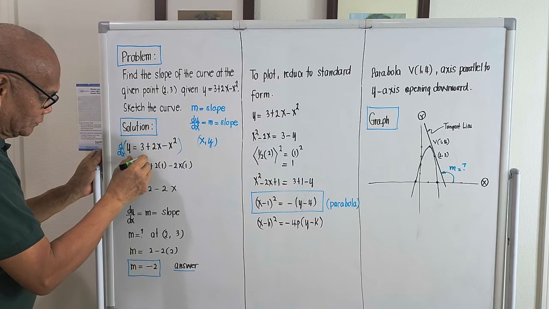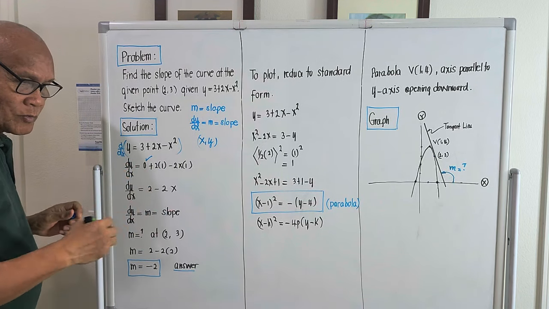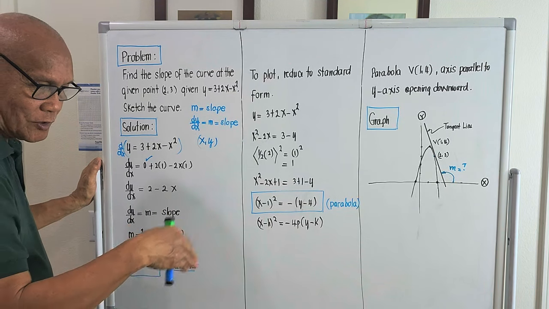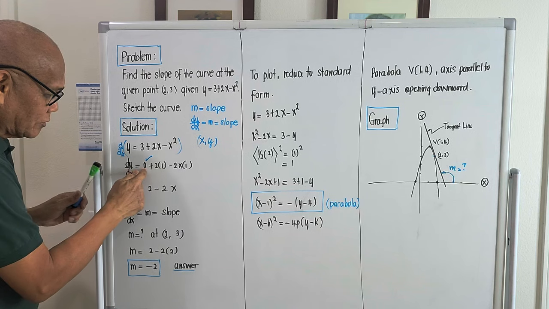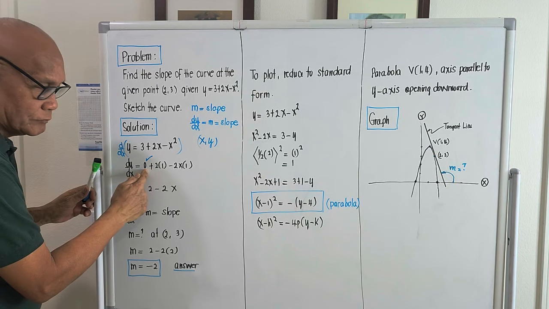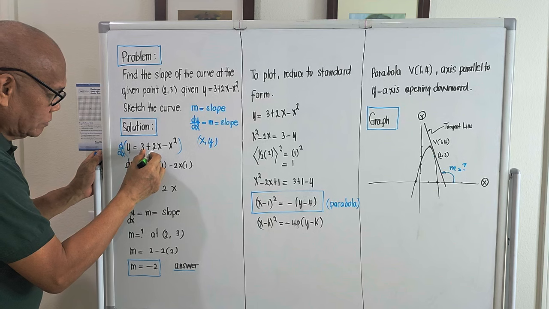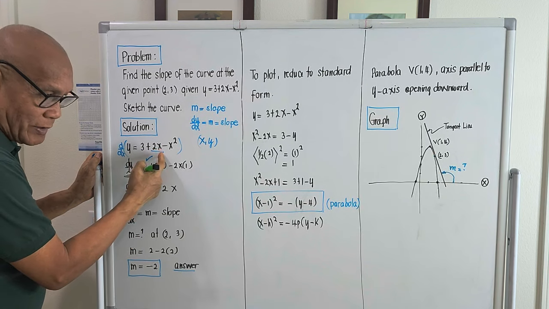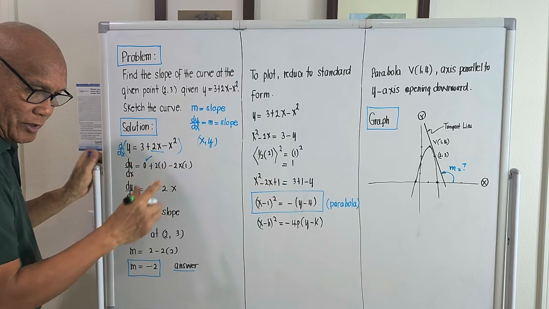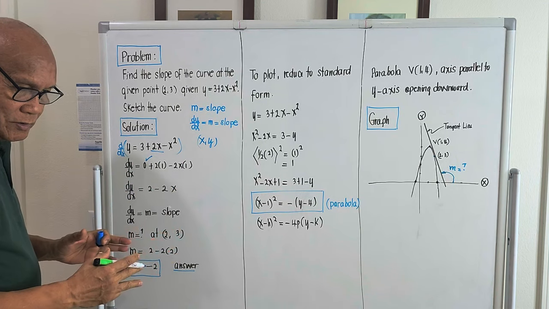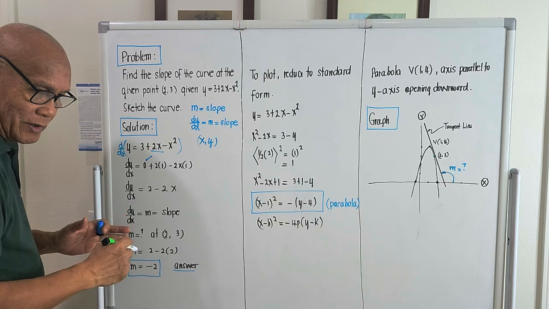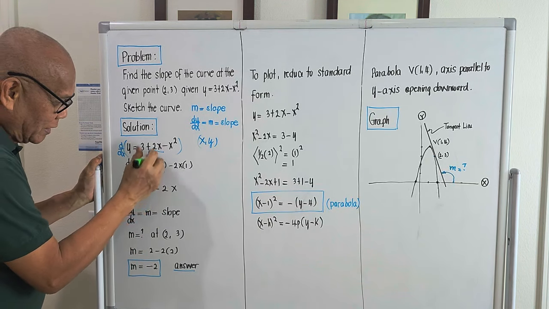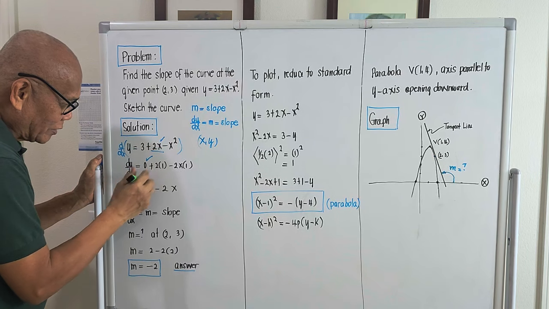For the first one, this involves the derivative of a constant, and this is 0. The second one involves a constant and a function x. If we take the derivative of this, it will be the constant times the derivative of that function. So it will be 2, and the derivative of x with respect to x is actually 1.